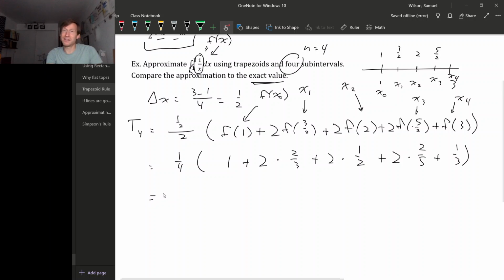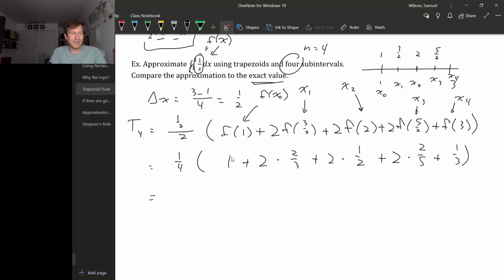And now we can compute this value. So we could compute the fractions exactly, but since this is an approximation of the integral anyway, it seems like having a decimal approximation for the fractional value is probably fine. So let's see. 0.25 times 1 plus 2 times 2/3 plus 1 plus 4/5 plus 1/3.